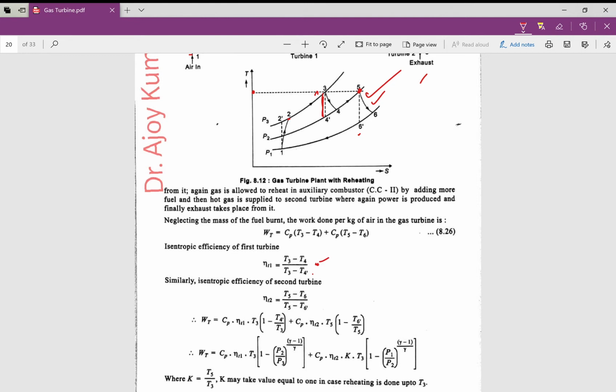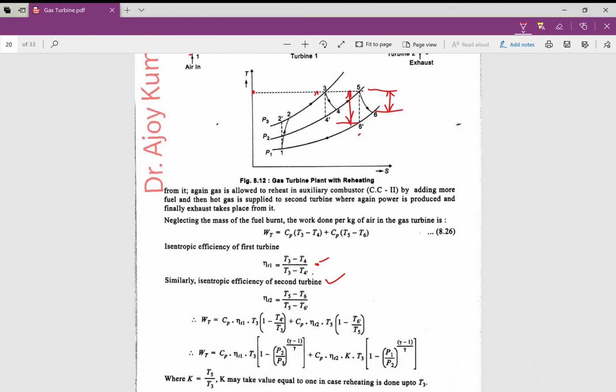Likewise, we can write for turbine number 2, where expansion is taking place. Again T5 minus T6, this length is less than this length.